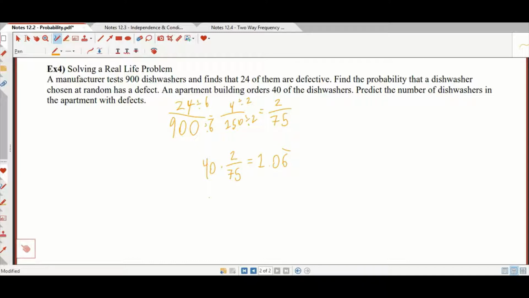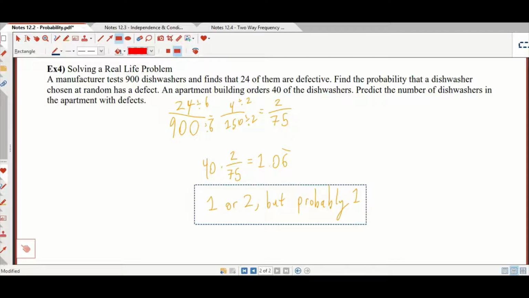So I would say that I would expect to see 1 or 2. But since 1.06 repeating is closer to 1, I would say probably 1 defective one. So just make sure you buy that extra insurance there.